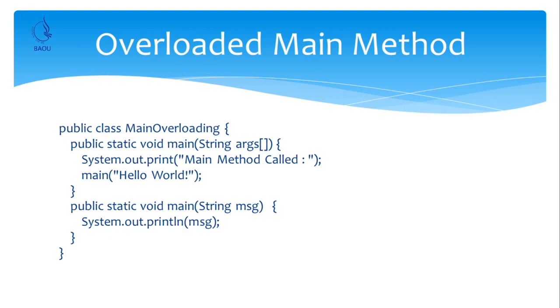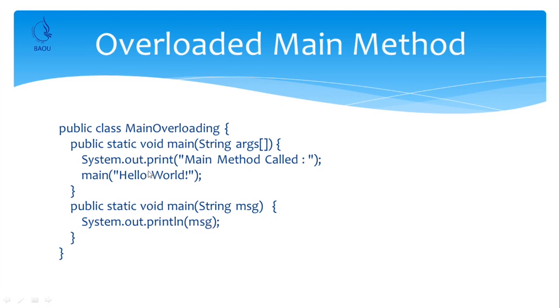Now, we take an example of how to overload the main method. The standard definition of the main method is public static void main, and it takes a string array as an argument. Here you can see another definition of main method, which is also public static void main, but instead of a string array we have one string variable passed as an argument, and it displays that value on screen.